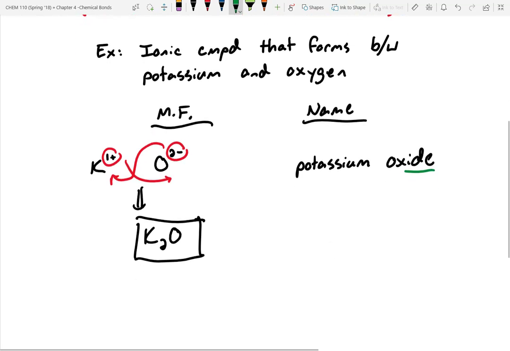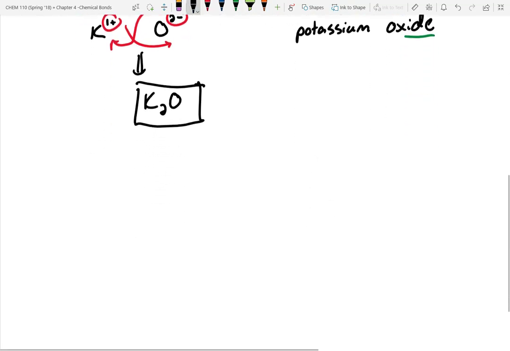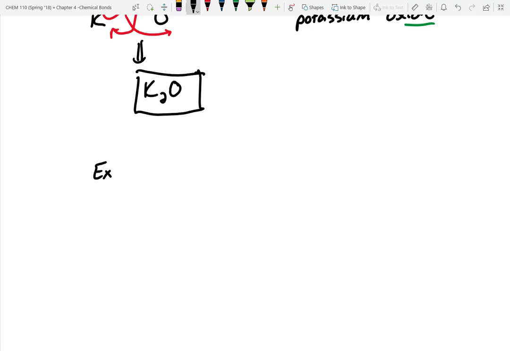Let's do a few more. And this time I'm just going to give you the molecular formula, and I want you to find the name. So I'll do molecular formula over here, and the name over here. Let's do Ca3N2, and then for the second one, I'm just going to give you the name, and I want you to find the molecular formula.